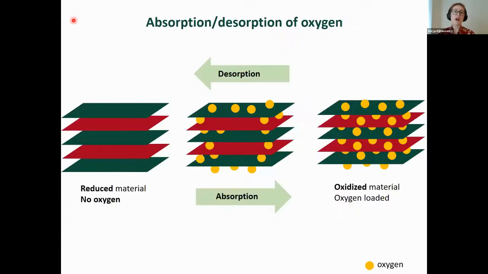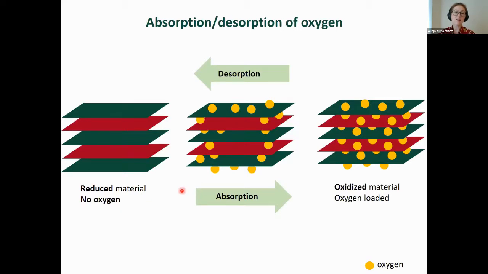Before I do that, I want to show you, very briefly, a very schematic view of what is happening in the material during absorption and desorption of oxygen. Pay attention that this is a bulk process. We have a bulk material, and in the reduced form there are layers representing layers of manganese or lanthanide cations, and there is no extra oxygen.